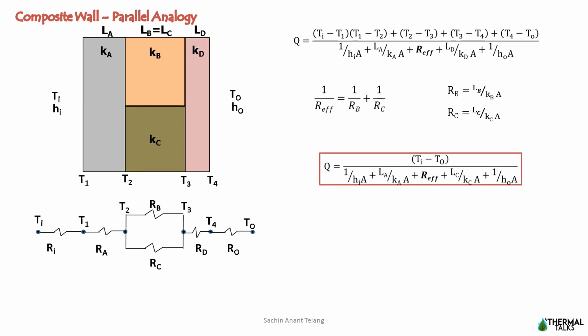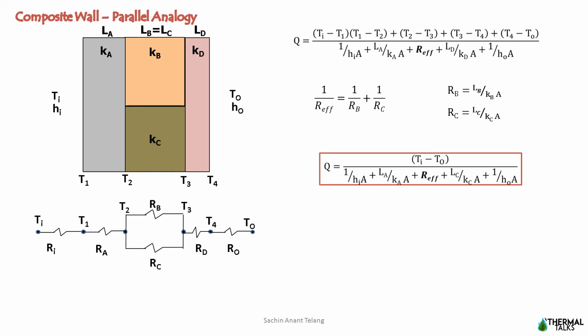And finally we can write the heat transfer through this composite wall arrangement as follows: temperature of inside fluid minus temperature of outside fluid divided by all thermal resistances, where we have one effective thermal resistance because of the parallel combination of wall B and wall C.